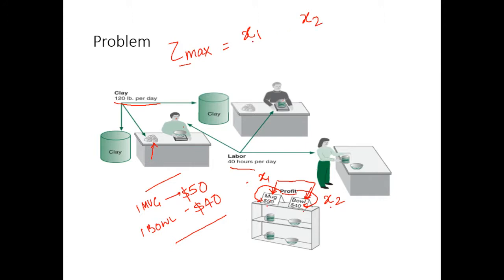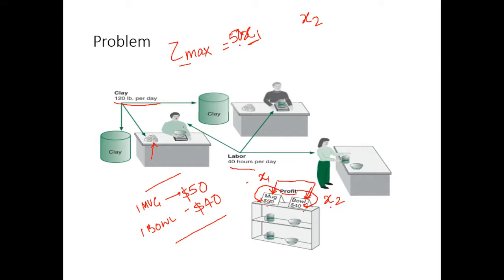So X1 is the number of mugs and X2 is the number of bowls. If I sell X1 mugs, what is the profit by selling one mug? What is the profit by selling one mug? 50.